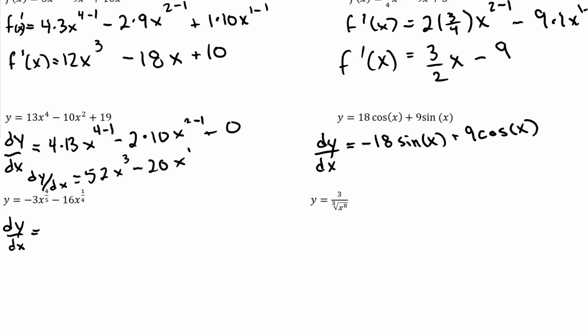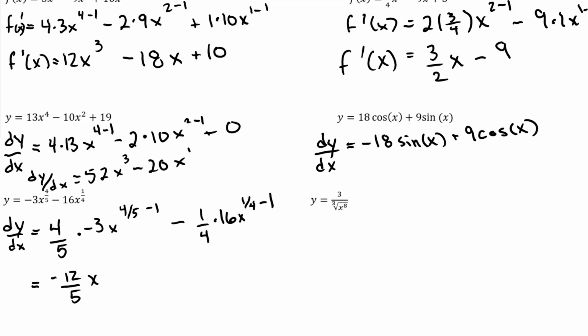So we've got the same rule, pull down your exponent, times your existing coefficient, and then make your exponent 1 smaller, so 4/5 minus 1. Then we have 1/4 times 16, x to the 1/4 minus 1. So negative 3 times 4/5 is negative 12/5. X to the 4/5 minus 1 is negative 1/5.